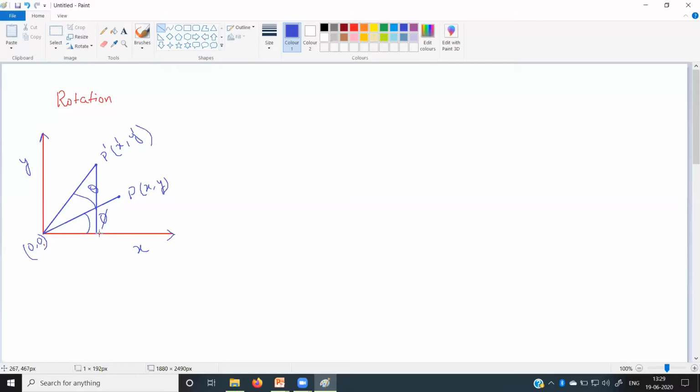Similarly, I can also draw a line from the point P to the x-axis.